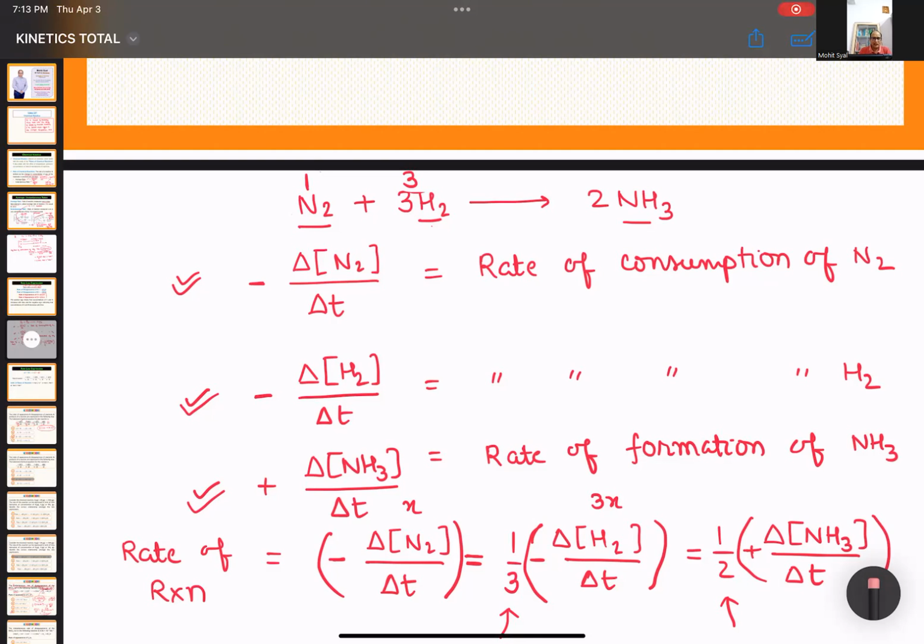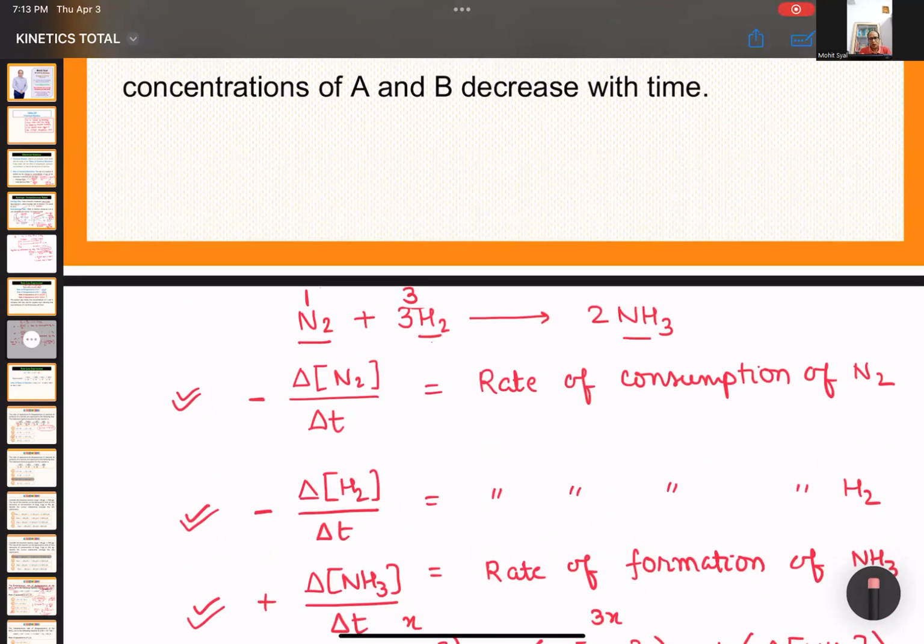So if I ask you what is the rate of disappearance of hydrogen, it is minus delta H2 by delta T, disappearance meaning negative.